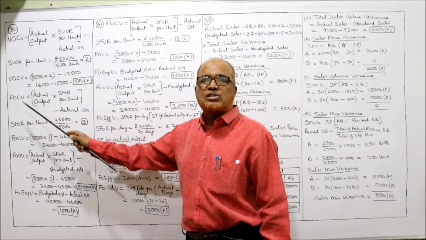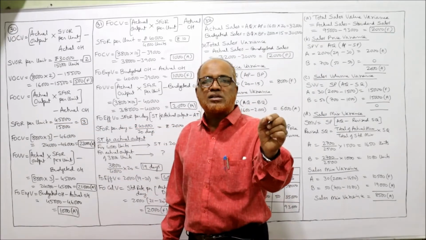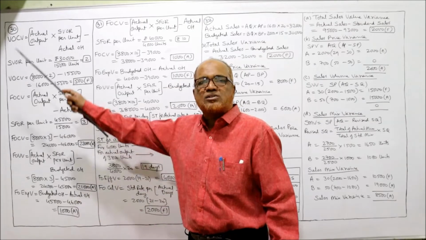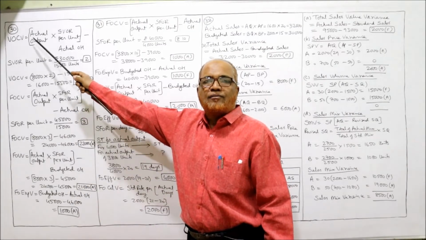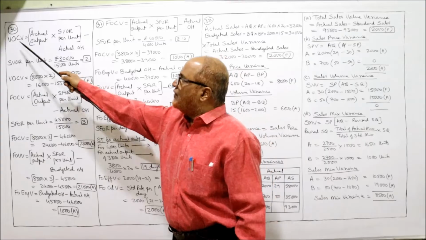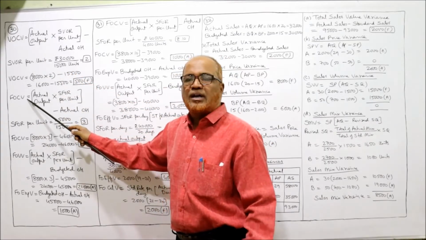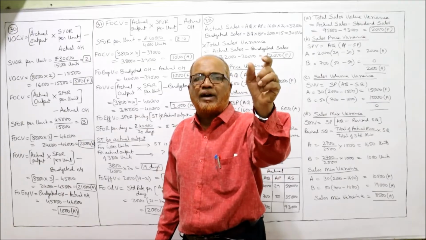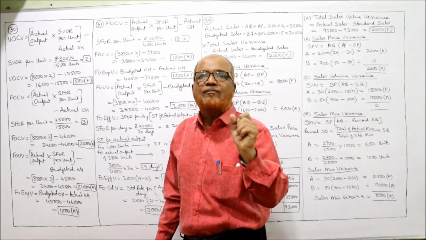First one, FOCV, fixed overhead cost variance. The formula will be exactly the same as VOCV. See here, VOCV and FOCV, exactly the same formula. The only difference is that instead of variable, now we are putting fixed.